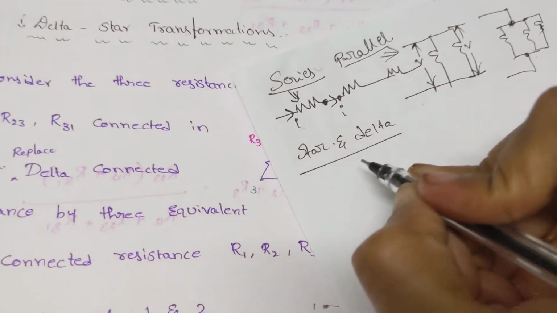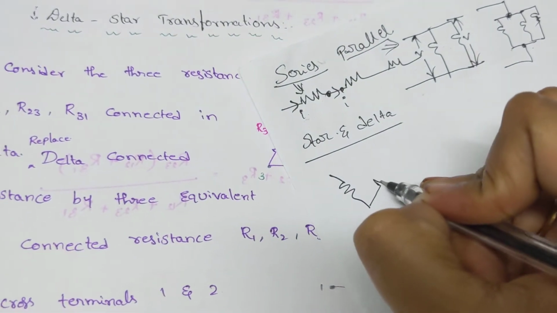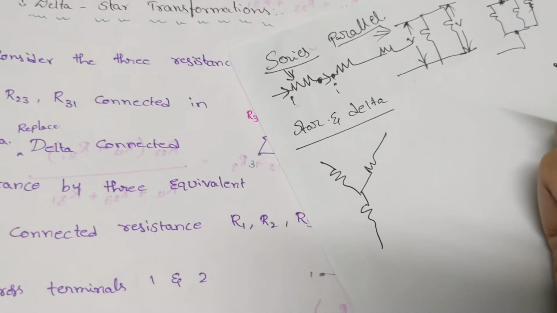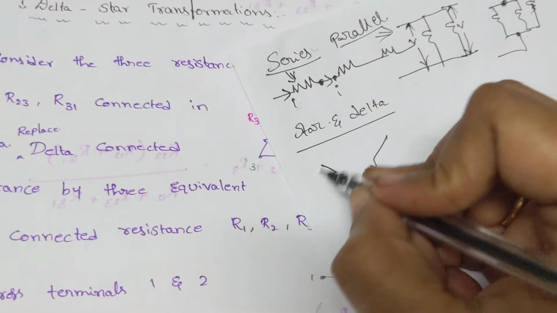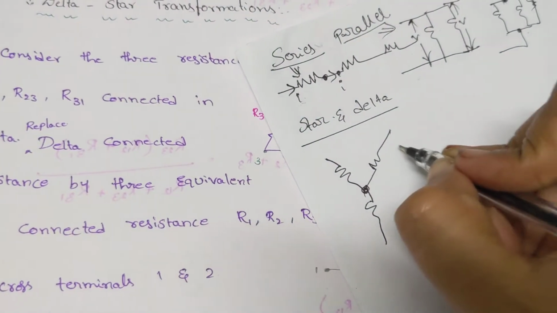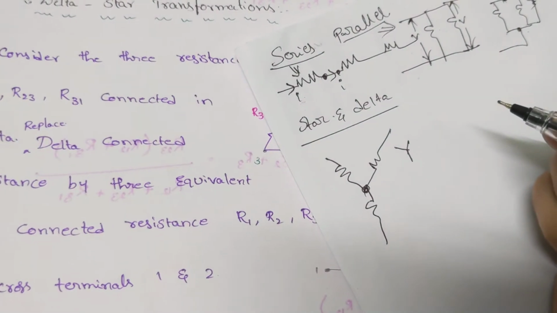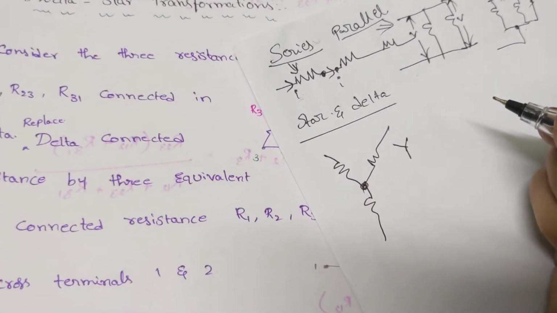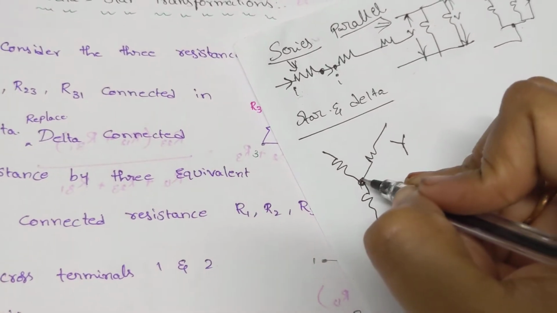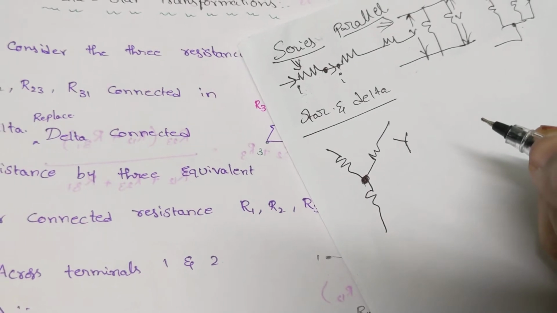The star means the resistors, right now I am talking with respect to resistors, and the same can be extended to inductors and capacitors also. If the elements are connected in the form of the alphabet Y, in other words there should be a common terminal.